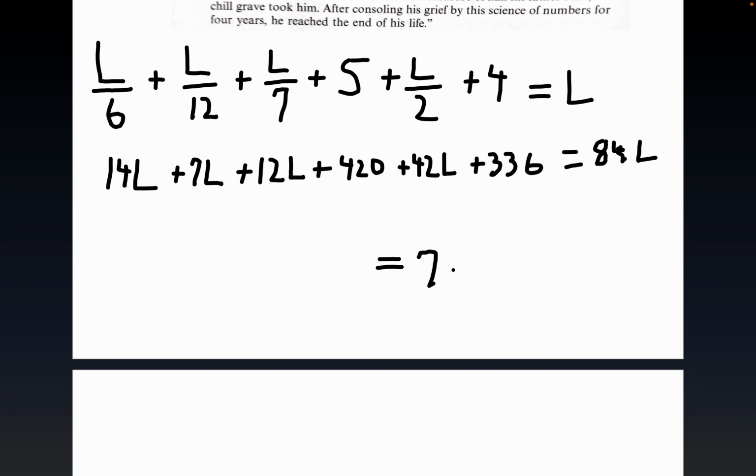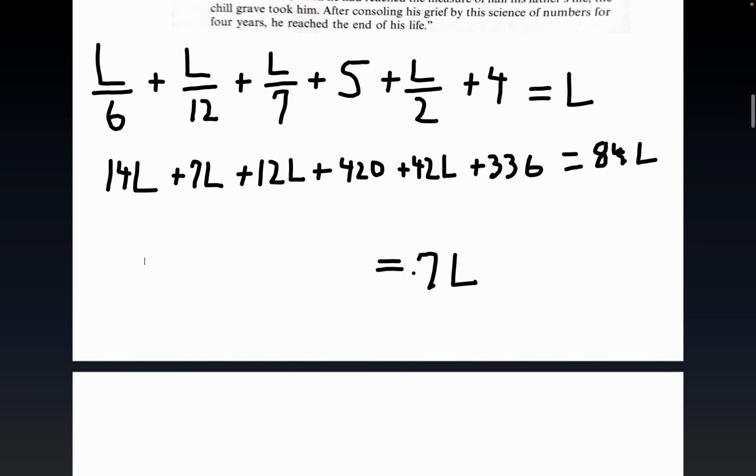I'm just trying to keep it positive, right? Again, folks, 14 and 7 is 21. Being neurotic here, 33. Oh, sorry, 14 and 7 is 21. 21 and 12 is 33. 33 and this is 75. So this should actually be 9L. Okay, right here, 9L. I think I got that right, folks.